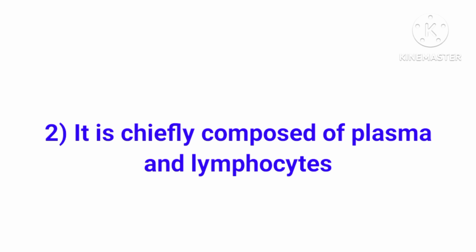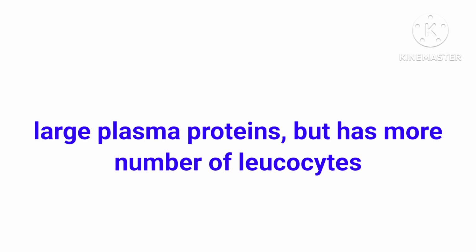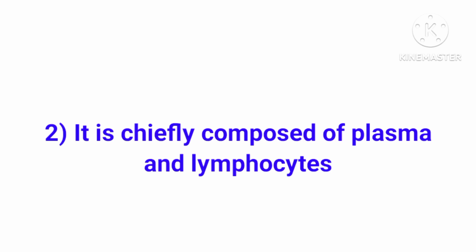Plasma and lymphocytes. Lymph is a colorless fluid. It lacks RBC, platelets and large plasma proteins but has more number of leukocytes. It is chiefly composed of plasma and lymphocytes.